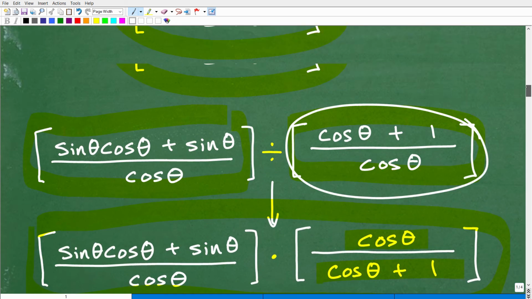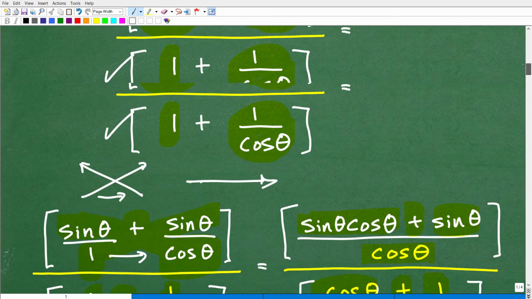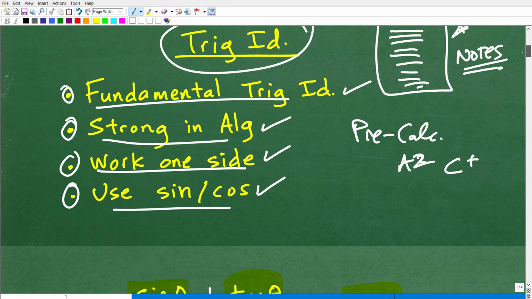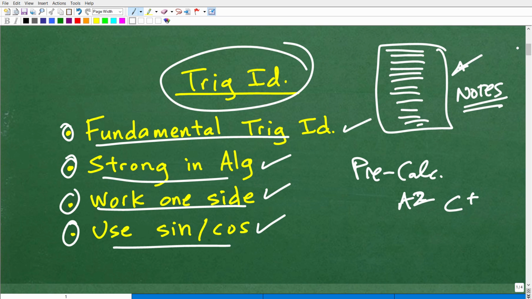But let's go ahead and just review. All right, back up here, our guidelines are this. Don't try to be a hero and remember all these fundamental identities by memory. Have your notes. That's why you take notes, and make sure your notes are correct, by the way, too, and double check that you wrote down these identities correctly. And then your algebra skills, like what I was showing you how to add fractions and whatnot, make sure you strengthen those skills.